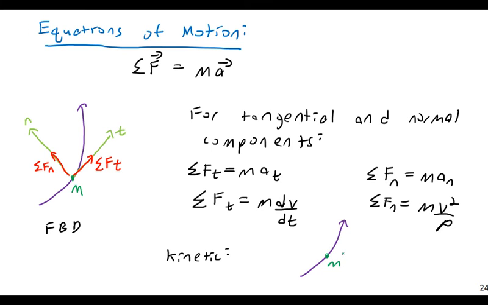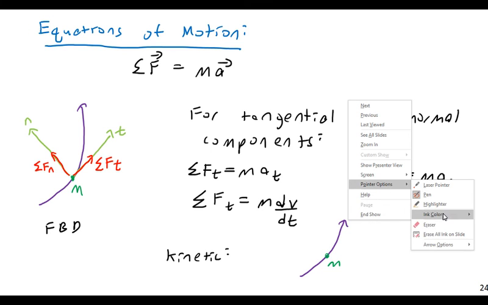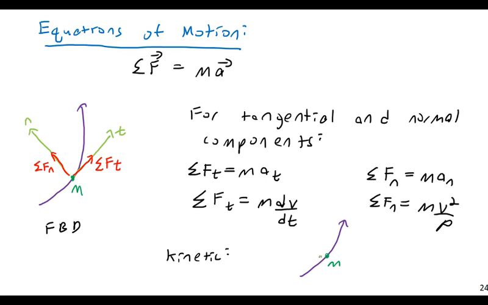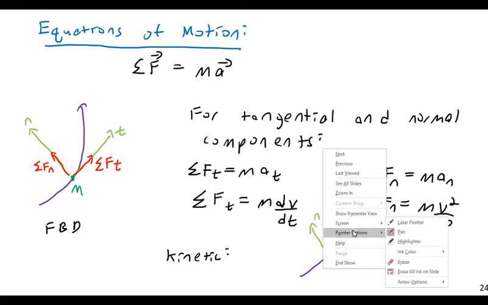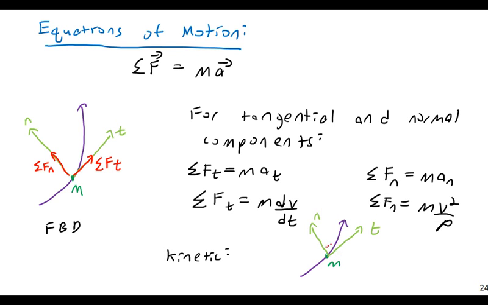Then our coordinate system is t and n, and we would have inertial components or inertial forces here as well. I would have m a_t, and I would have m a_n.